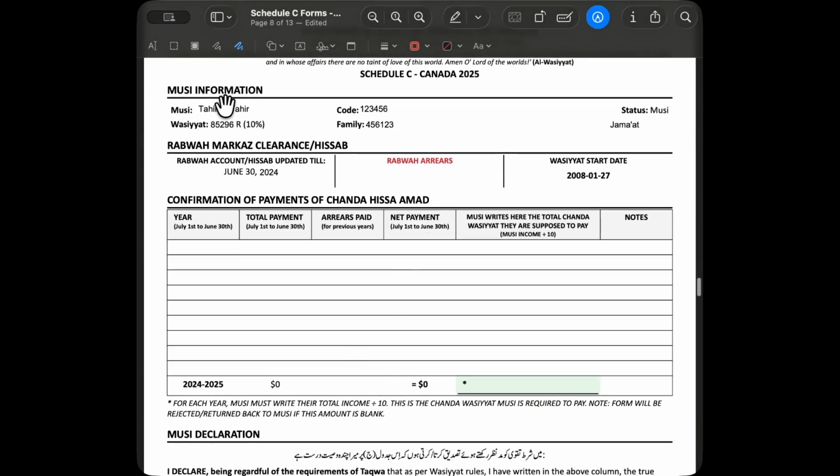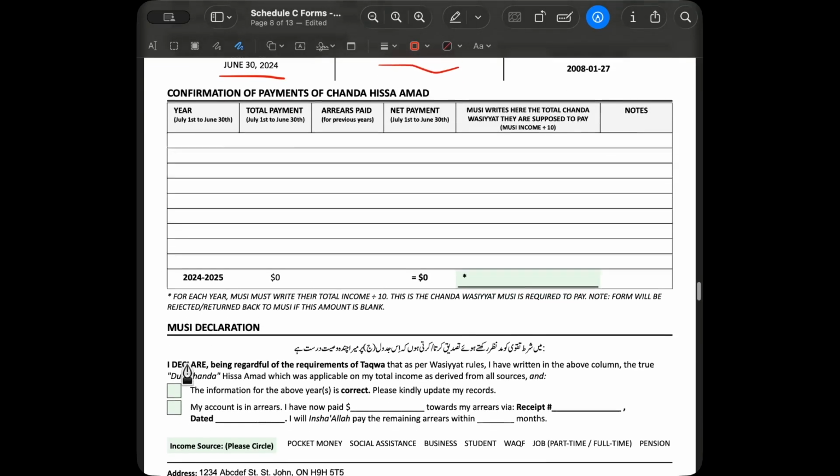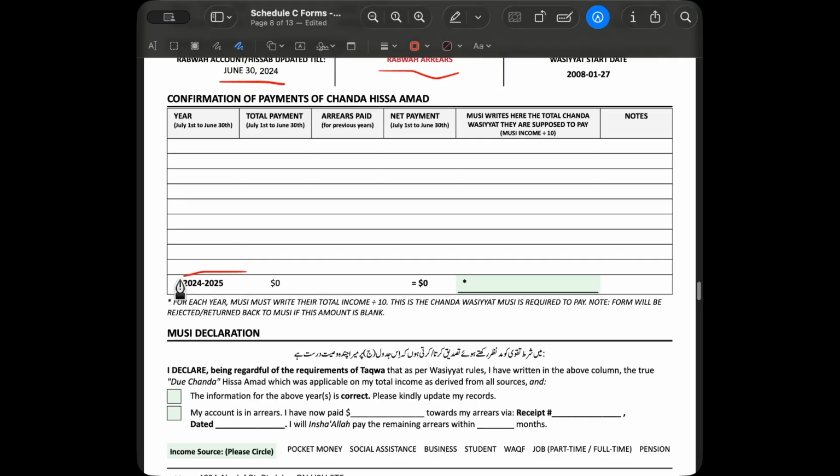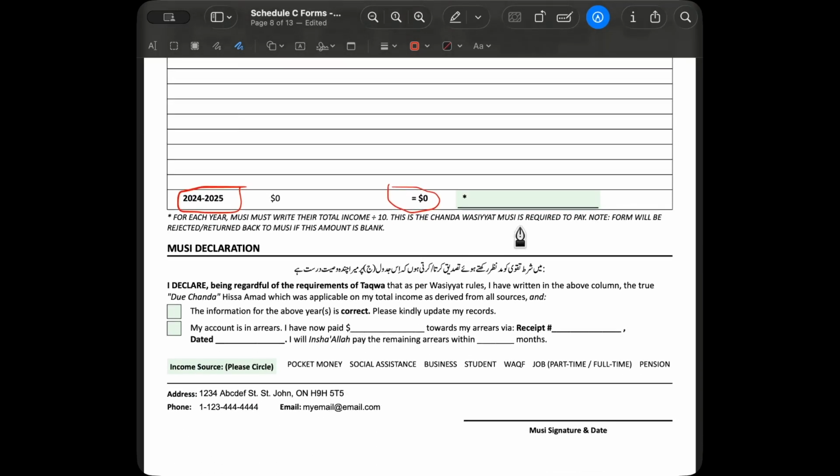Next form, you will notice that this Musi, his account is cleared up to this. He has no arrears. However, he has paid for 24-25 zero amount. Let us assume that this person was on social assistance and he was supposed to pay $2,000 in Chanda Wasiyat.